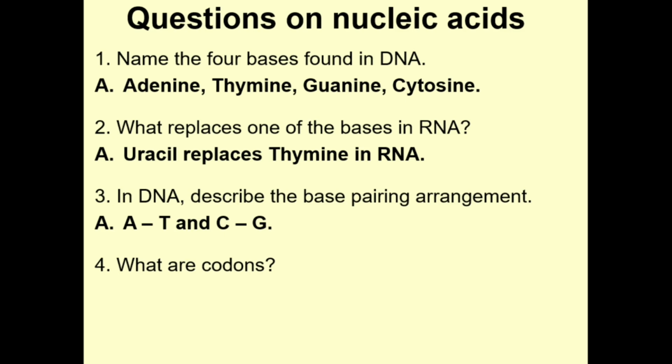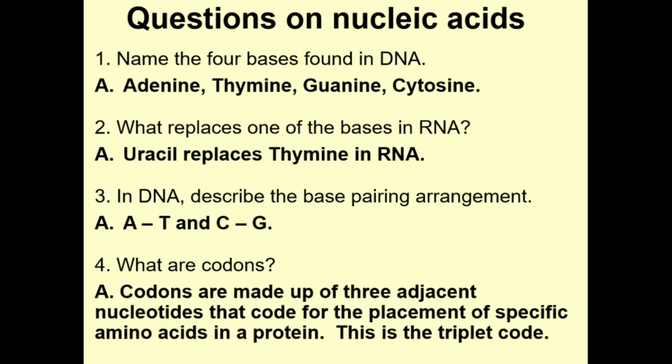And then number 4, what are codons? So a little bit more difficult to answer this one, but hopefully you had a go at it. Well, codons are made up of 3 adjacent nucleotides that code for the placement of specific amino acids in a protein.